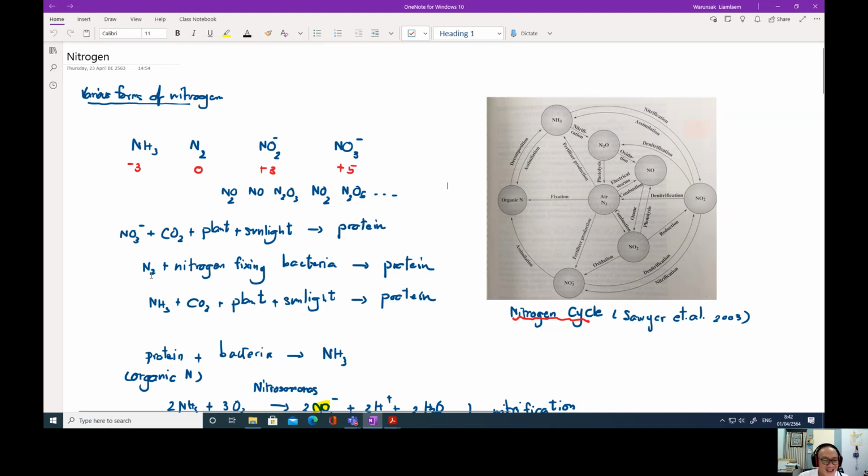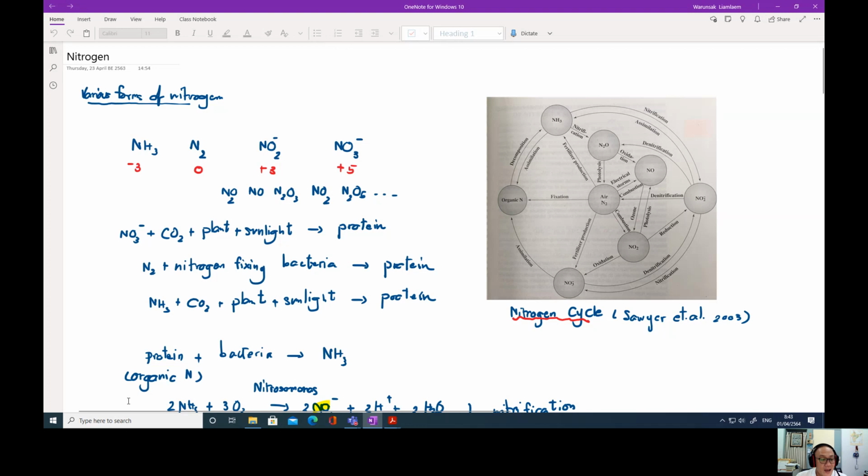So the nitrogen gas in the air can be fixed. These reactions we call nitrogen fixation. These bacteria can catch the nitrogen in the air and turn it into proteins. Similar to nitrate, ammonia can also be used by plants during photosynthesis to synthesize proteins. So as you can see here, proteins are formed. These proteins we normally call organic nitrogen.